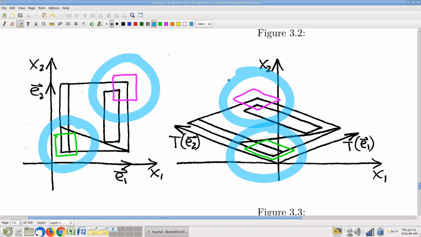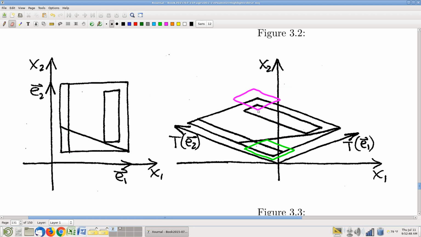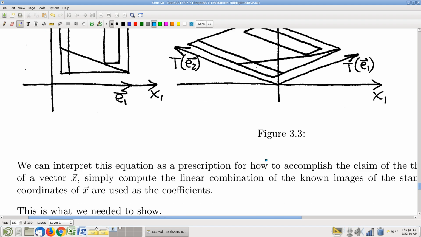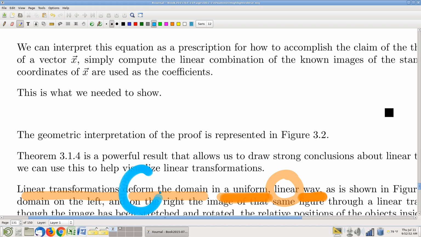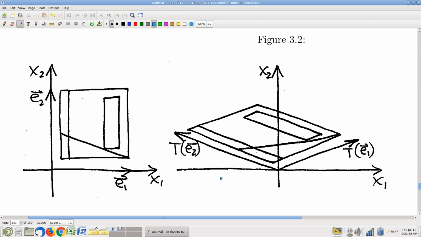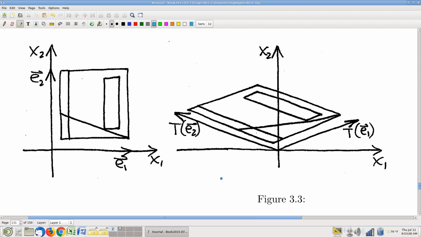This is the uniformity that I'm talking about when I say that the domain gets deformed in a uniform way. So linear transformations are very organized, very methodical kinds of functions. And it's good to have some intuitive sense of what's going on geometrically.